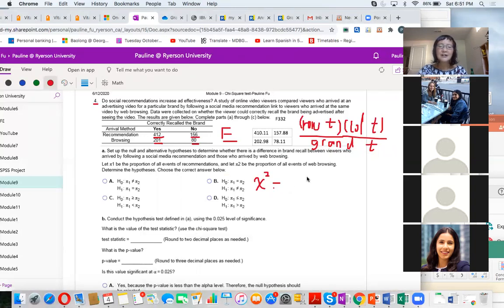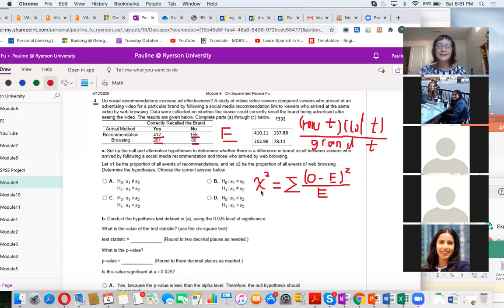It uses observed value minus expected value, square it, and then divided by expected value. This number is the chi-square value. If you add them all, sigma means add them all, it becomes the test statistic.